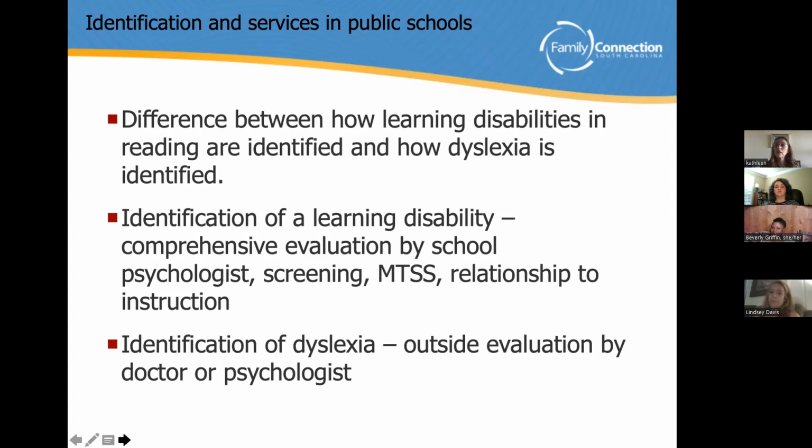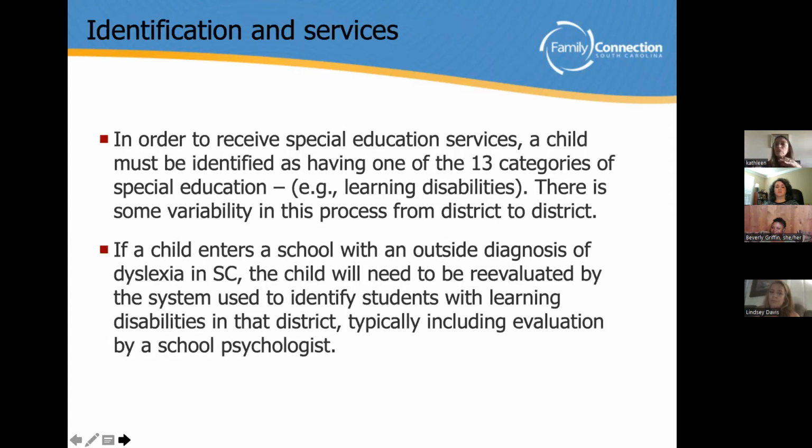Simply presenting, they will look at that diagnosis, and that may be the prompt to then evaluate the child for learning disability. But remember, to receive special education services, the child is not performing at grade level, right? So they need to have a deficit in that reading skill that will require special education services.